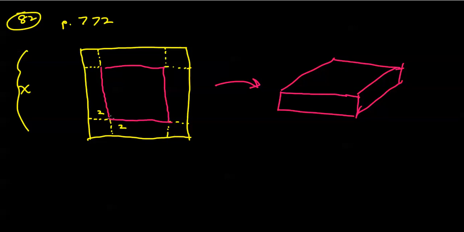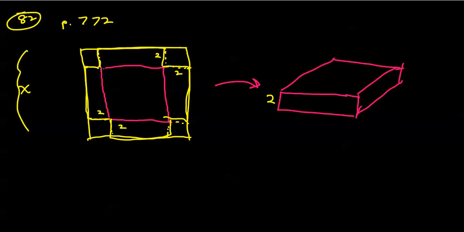Now hopefully we can see that when I bend up these tabs to form the box, clearly these tabs are 2 inches wide off the corner, so that makes the height of this box 2 inches.